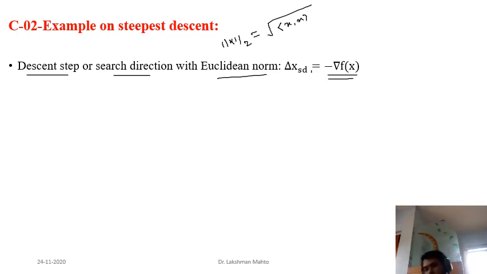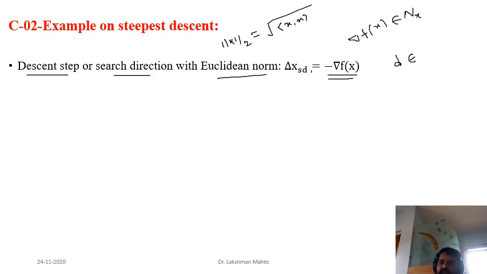One question I would like to ask: if you try to recall it from the dual cone perspective, where does the gradient of the function belong? It always belongs to the normal cone of the function at point x. And where does the descent direction belong? It always comes in the direction cone, or sometimes you can say the closure of the direction cone, which we call the tangent cone.